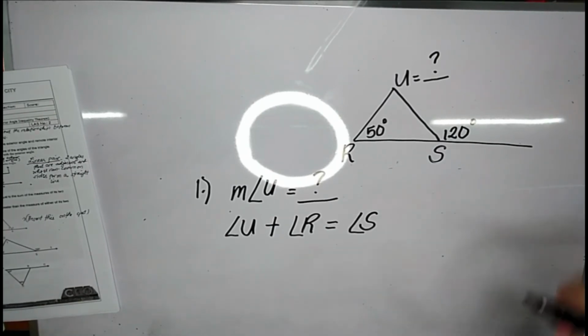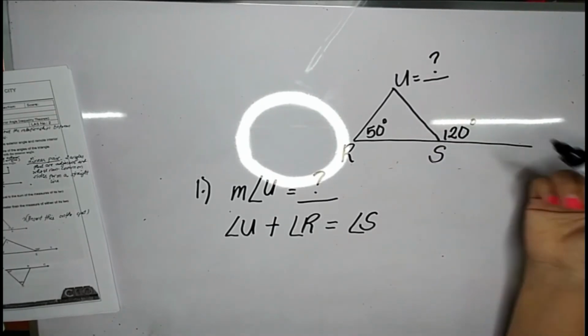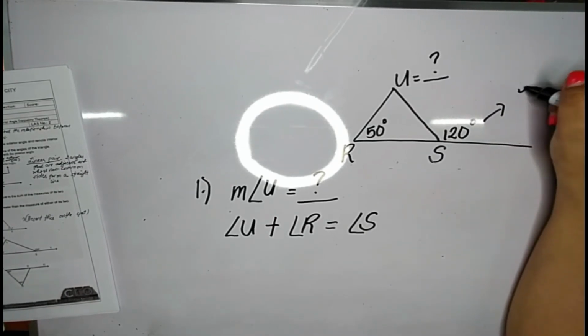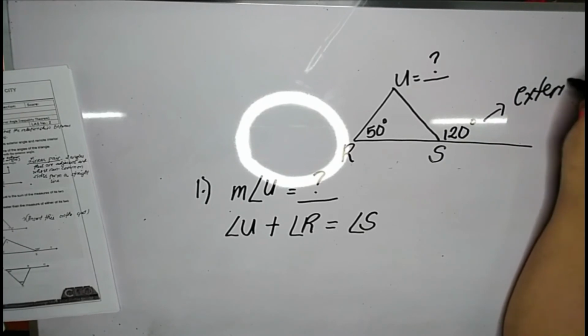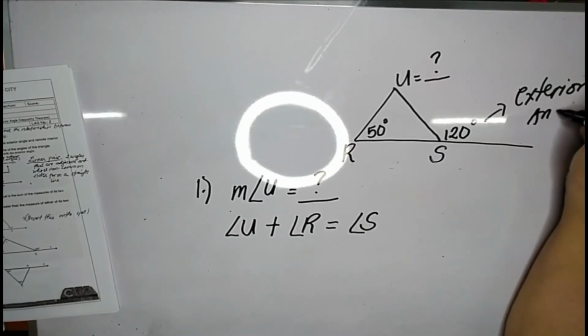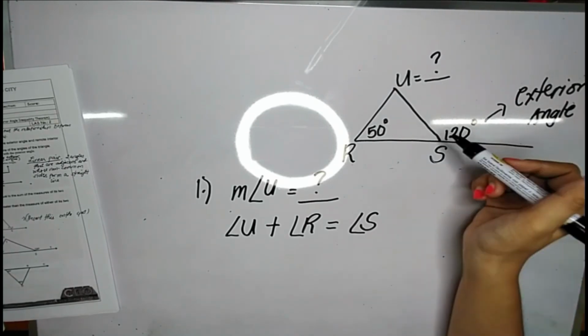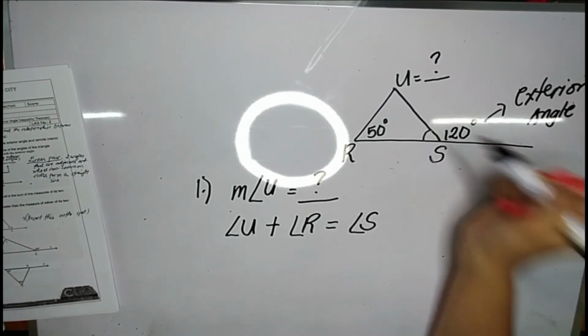Diba si angle S ang atong matawag dinhi nga exterior angle. Ina siya sa gawas. Okay, and it formed a linear pair with one of the angles inside the triangle.